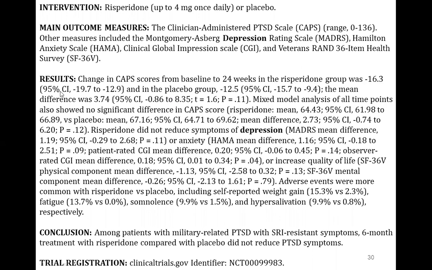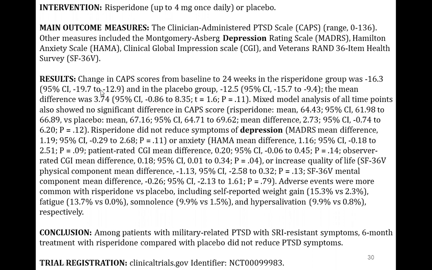And here's our confidence interval. The confidence interval is negative because we're looking at the negative end of the scale; the change score is minus 16. So the confidence intervals are below 0, and here we see that they're minus 19.7 and minus 12.9.